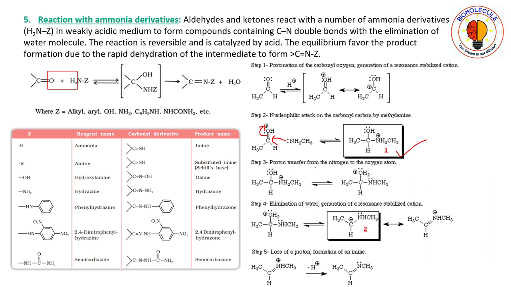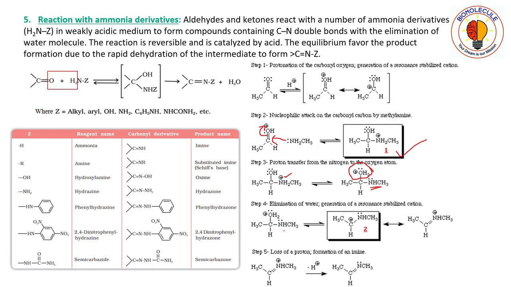Now proton transfer from nitrogen to oxygen atom. Now this nitrogen bears a positive charge. So oxygen is more electronegative, so it has electrons. So it can take one proton from nitrogen. It will take and become OH2 plus. So now this nitrogen will be neutral.